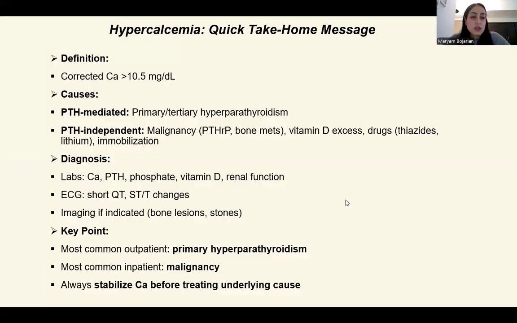The EKG finding is a short QT interval, and it's really important to monitor the patient. The most common cause of hypercalcemia in the outpatient setting is primary hyperparathyroidism, and in the inpatient setting, unfortunately, it's malignancy. Hypercalcemia of malignancy is rapid and severe, usually more than 12 to 13 milligrams per deciliter. And always make sure that your calcium level is back to normal before treating underlying causes.